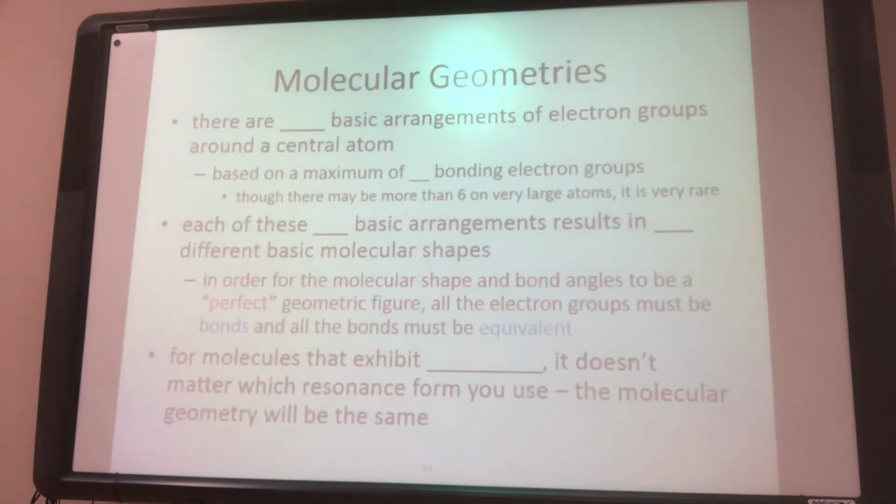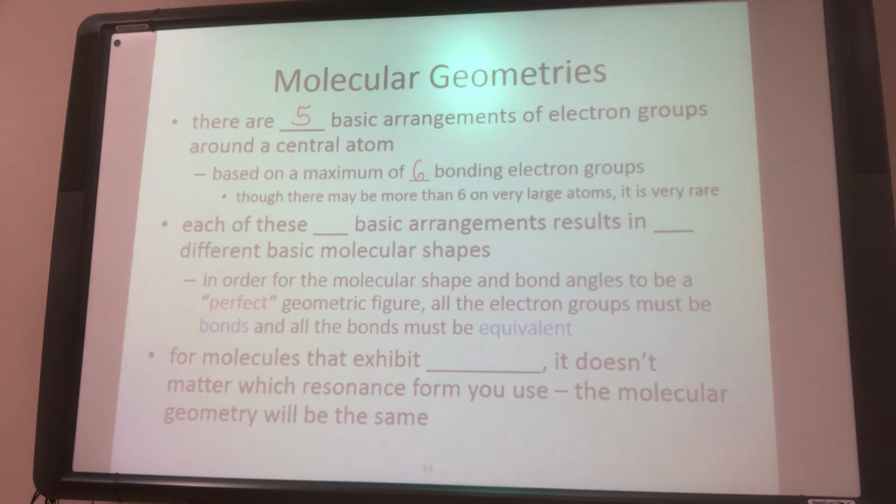So first we're going to talk about the molecular geometries. These are my parent geometries, my beginning geometries. There are going to be 5 basic arrangements of my electron groups around a central atom, because I can have a maximum of 6 bonding electron groups. I can only have 6 things on my central atom.